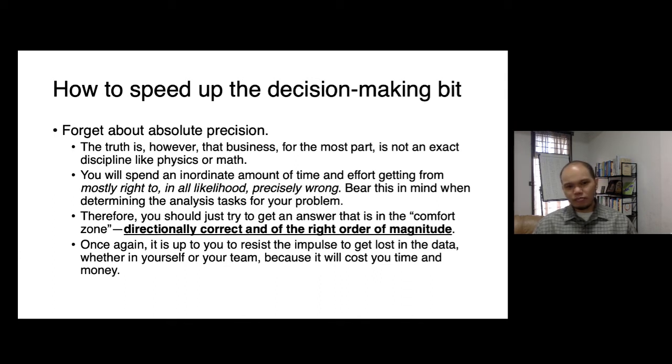When we talk about absolute precision, this is the realm of the academics, right? And this would probably be important for mission critical work, like if you're in the aviation industry or if you're into space travel. If you don't get the math right, that could spell disaster.